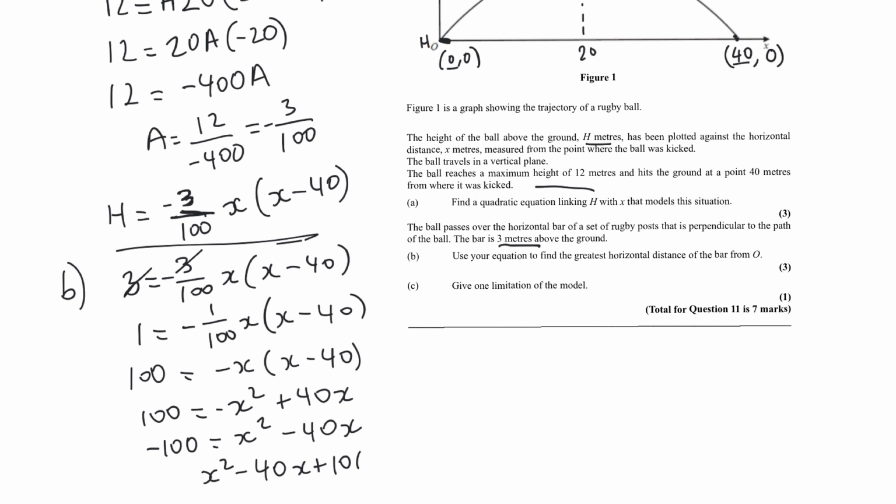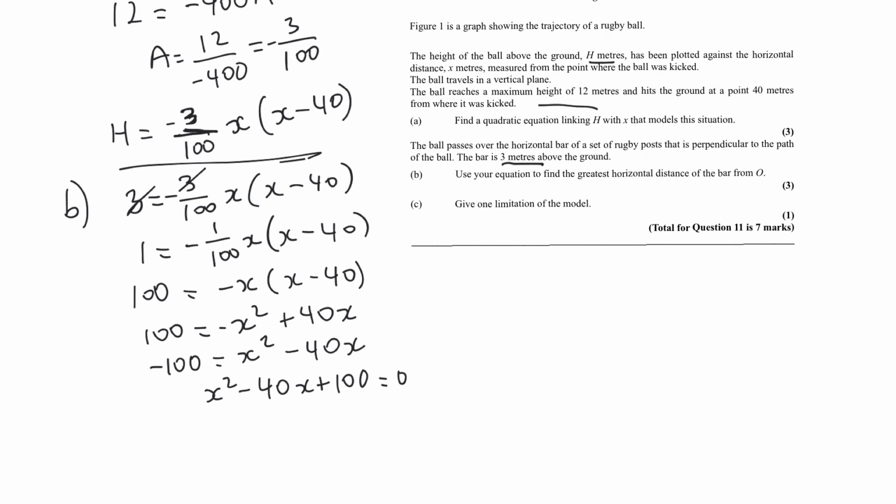You could either complete the square or solve this by quadratic formula, by the way, just to tell you that there are different ways of solving this. I'm just doing it by completing the square. So then there'll be x minus 20 squared minus 400 plus 100 equals 0. And then it will be x minus 20 squared minus 300 equal to 0.